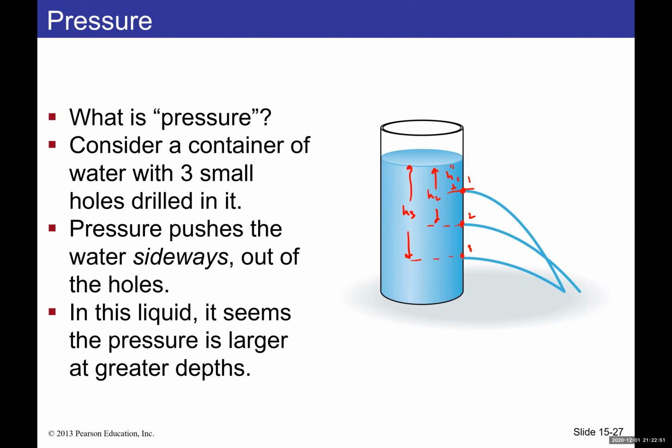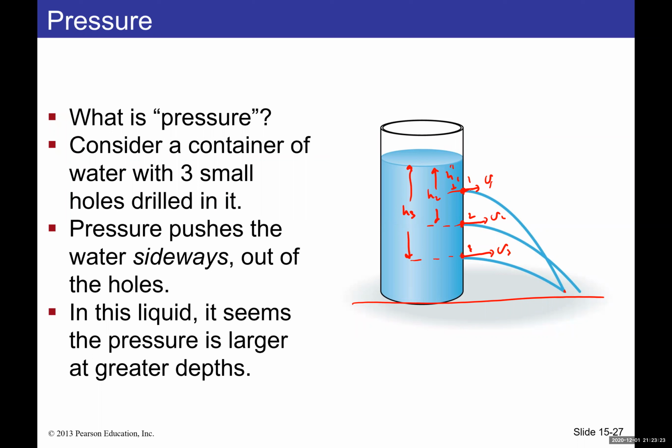Hopefully you can see from the shape: here's velocity one, here's velocity two, and this is velocity three. That means even though hole three is coming from much closer to the ground, it reaches a much greater range, matching an even higher height.